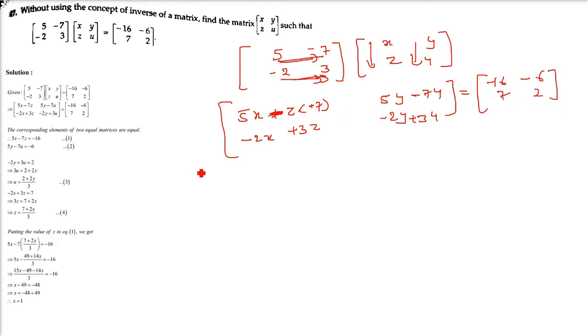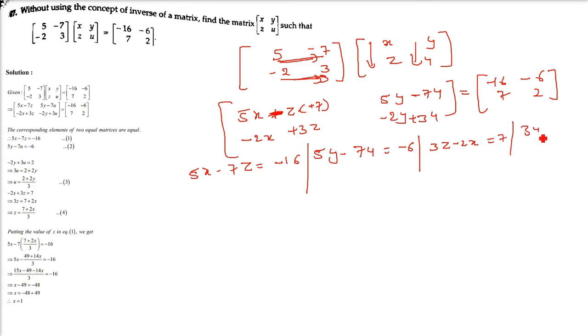Now let us equate. 5x minus 7z is equal to minus 16, first equation. Then 5y minus 7u is equal to minus 6, second equation. Then minus 2x plus 3z is equal to 7.